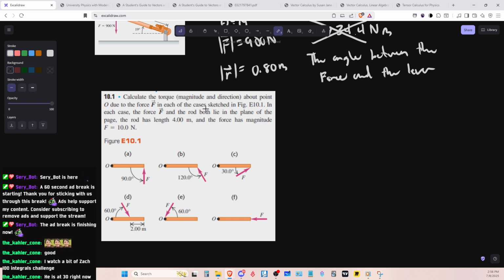It says a rod here, in each case lying on the plane, with a length of 4.0, and the magnitude of the force is 10.0. So we have to calculate it for each of the cases.